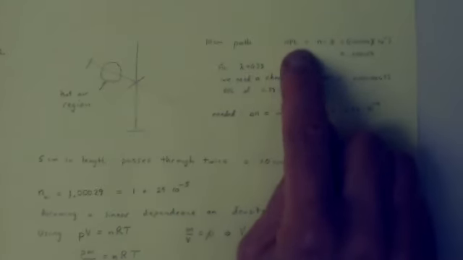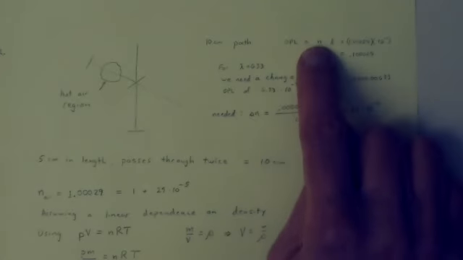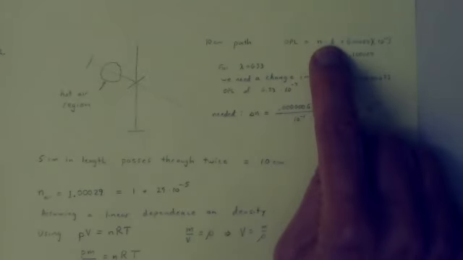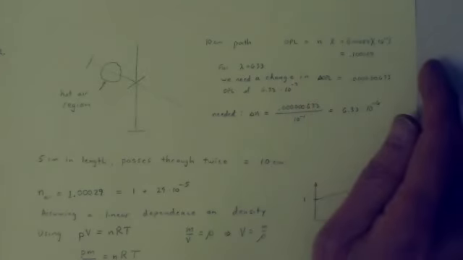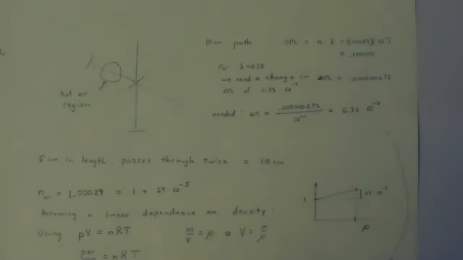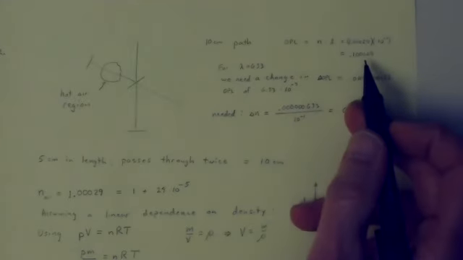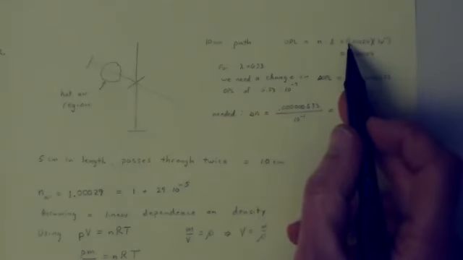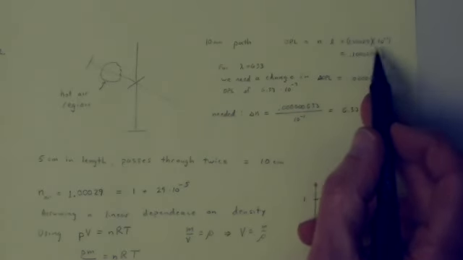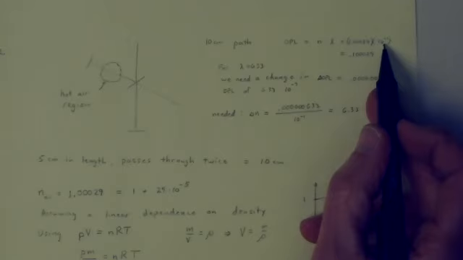And so I use this idea of optical path length as the index times the distance. The optical path length is this index, 1.00029, times 10 centimeters, or a tenth of a meter.